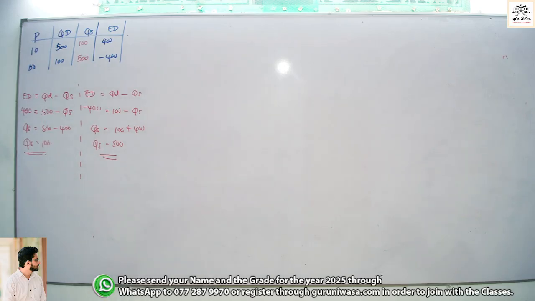Now calculate the equilibrium price and quantity by drawing the demand and supply diagram. Remember this point. If you draw the demand and supply diagrams properly on scale in this question, no need to derive equations.